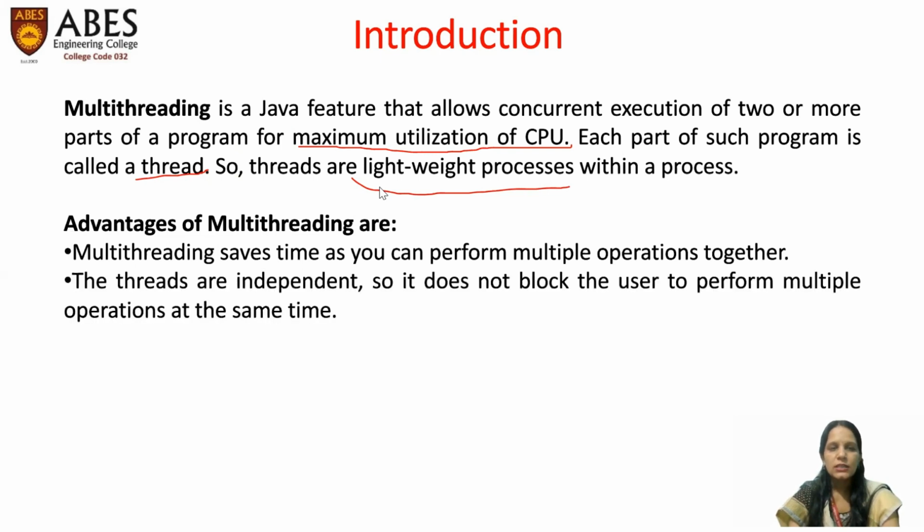Second advantage, the threads are independent, so it does not block the user from performing multiple operations at the same time. So if we use multi-threading, we can save time and perform our work better in less time, because we are utilizing the CPU to the maximum.